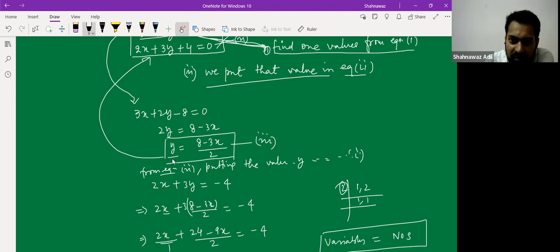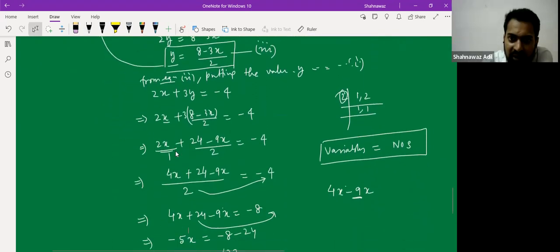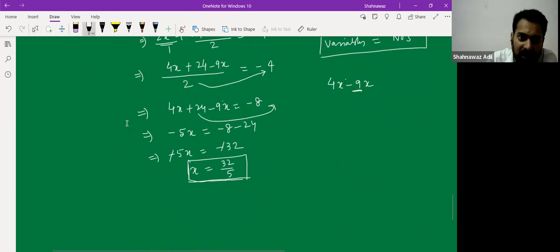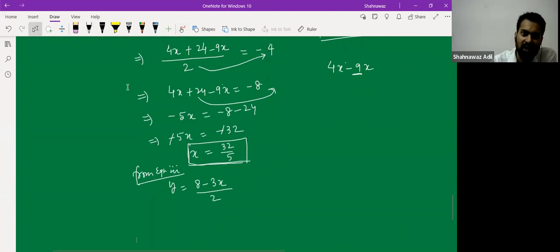So now let's put the value into 8 minus 3x by 2. Remember, this was y, from equation third.